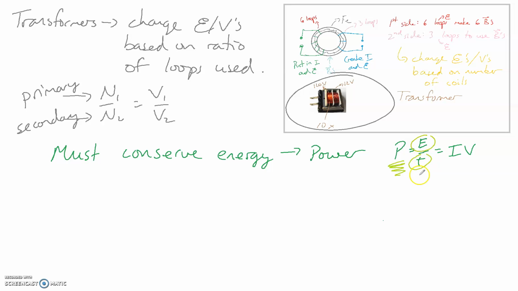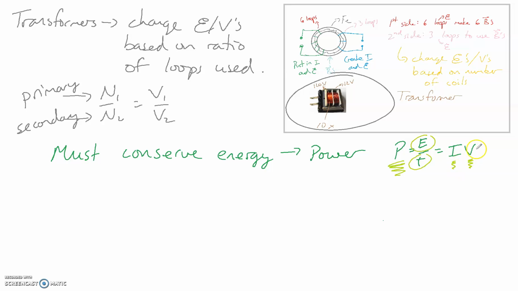Which means, for example, if the voltage went down, the current would have to go up to compensate by the exact same ratio. If the voltage gets 5 times smaller, the current will have to get 5 times bigger to have the same power, and vice versa. It doesn't make any difference. One will change just as much as the other. So it's the trade-off: as one gets bigger, the other one gets smaller.